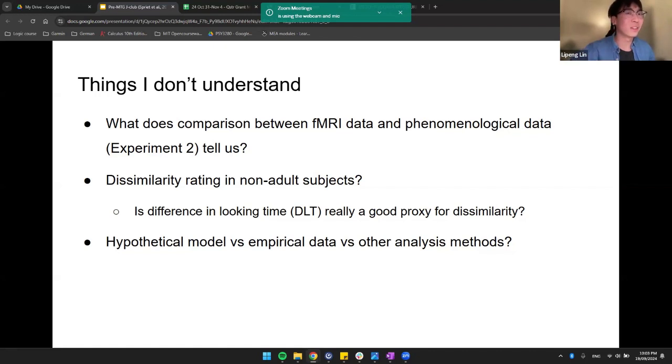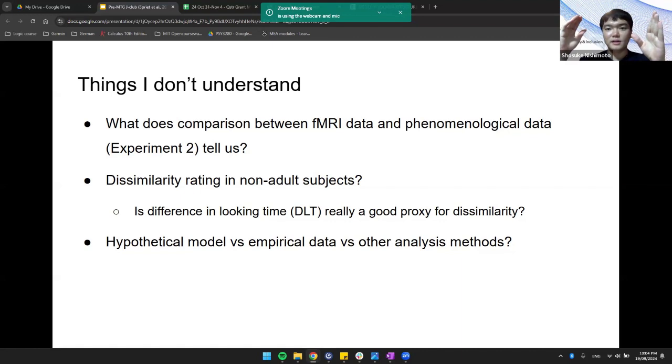Sorry, I didn't get very much. Can you explain it? To say something from experiment 2, I thought they should compare DLT from adults and fMRI data from adults.